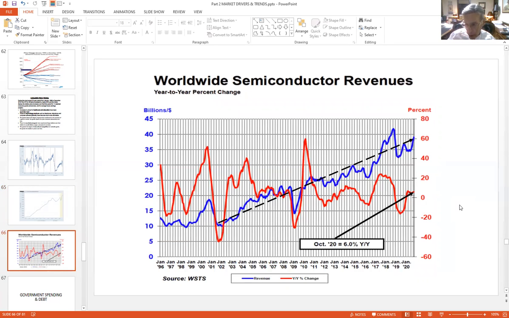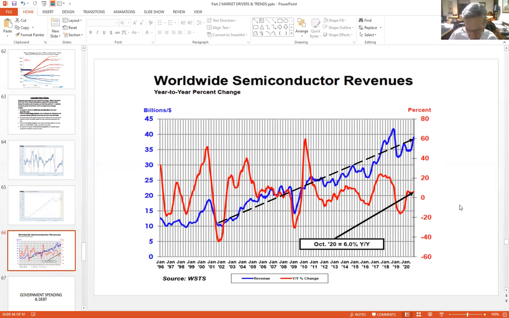Here we have the production. By the way, if you haven't figured it out, we've moved beyond consumer products and we're now into industrial products such as construction, and in this case, semiconductors. The blue line represents production, or rather the sales of semiconductors. And you can see that they've grown from about 10 billion to 40 billion.